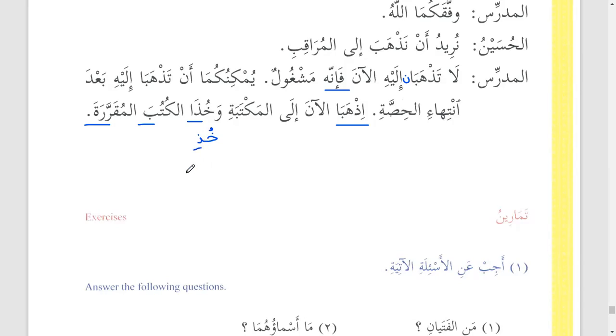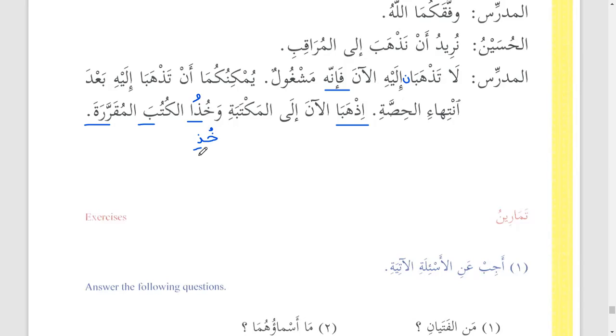Khudil. خذ الكتاب بقوة يا زكريا. So when it is for the singular, please remember that we will have kasra. When it is for the dual, it will have fatha, and when it is for the plural, it will be khudhu, with dhamma. خذوه فغلوه ثم الجحيم صلوه. So then it is dhamma.